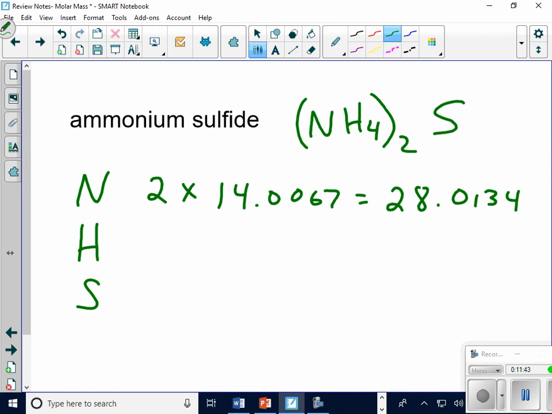My next one is hydrogen. I look up at hydrogen. I have 4 times 2, so how many total hydrogen? 8 total hydrogen. Each hydrogen is 1.00795 on my table.